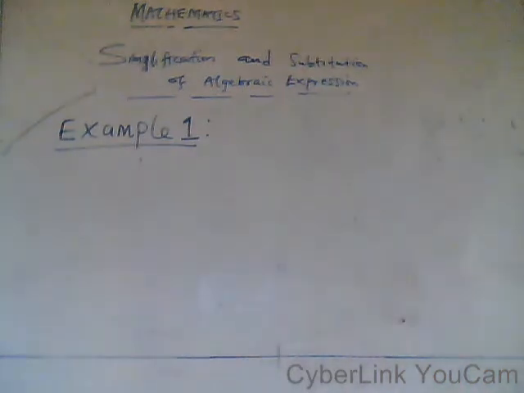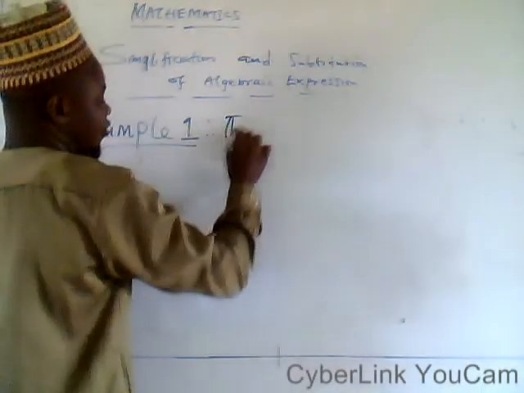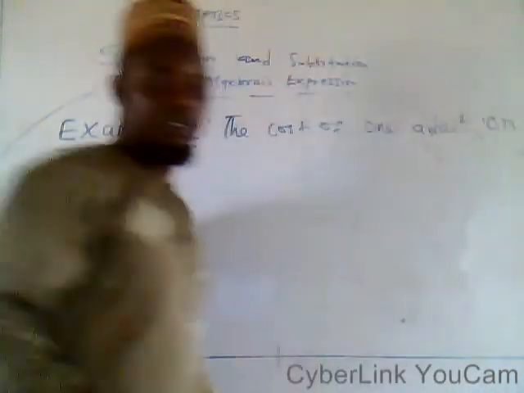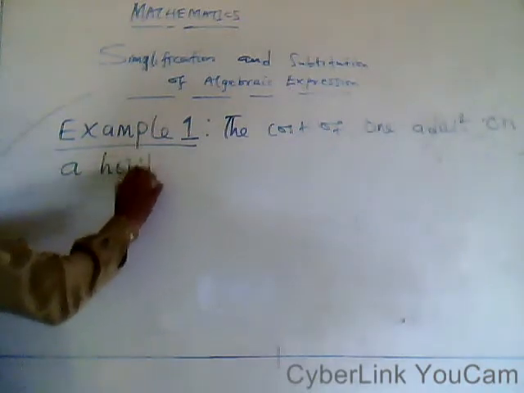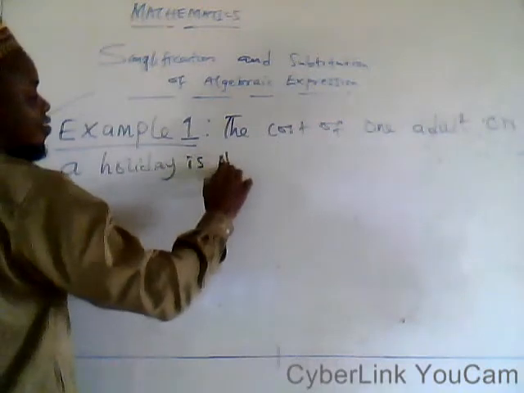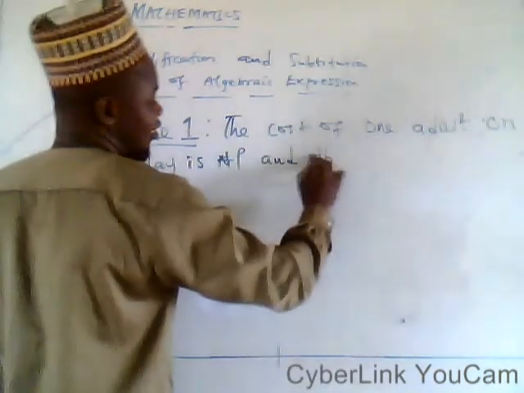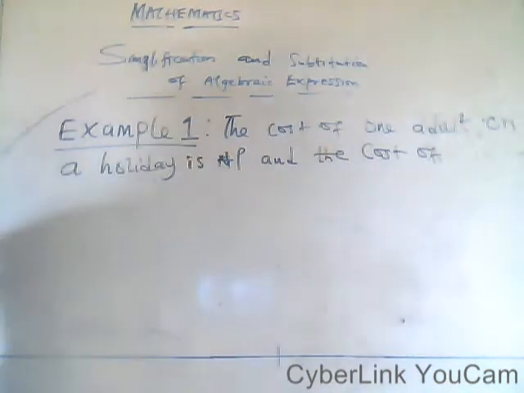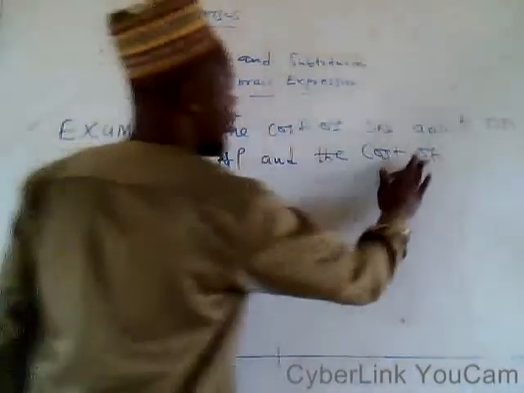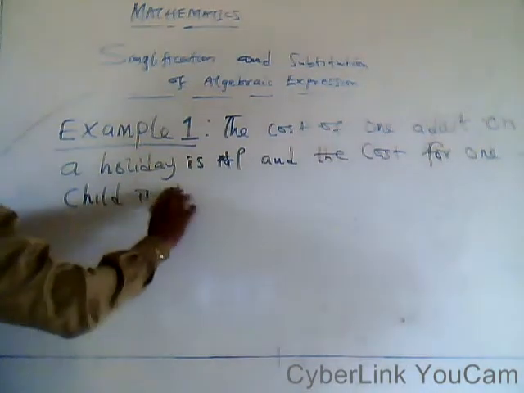Example 1. The question says that the cost of one adult on a holiday is P naira, and the cost for one child is Q naira.